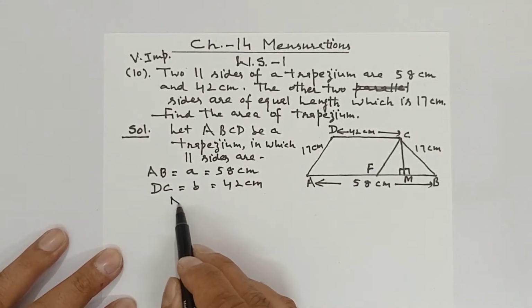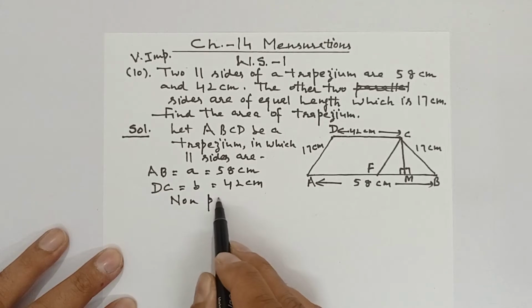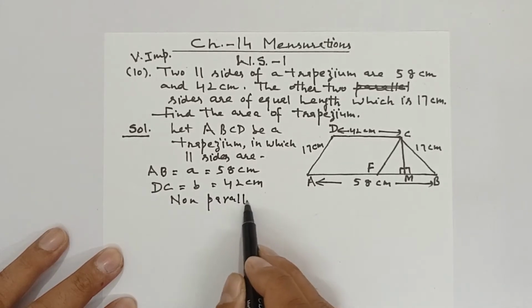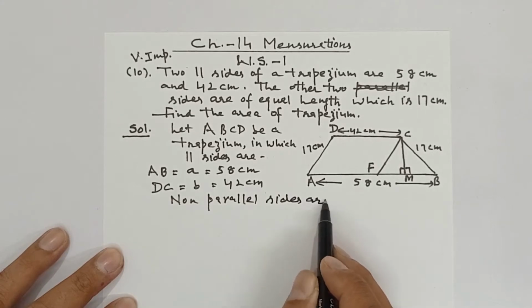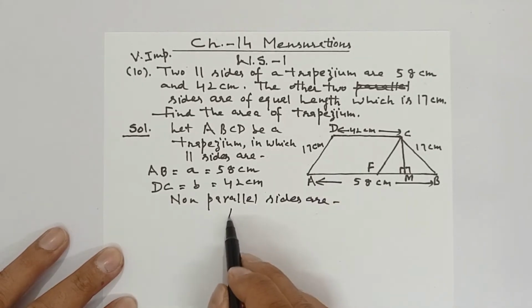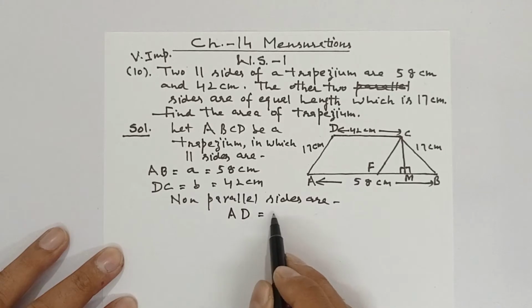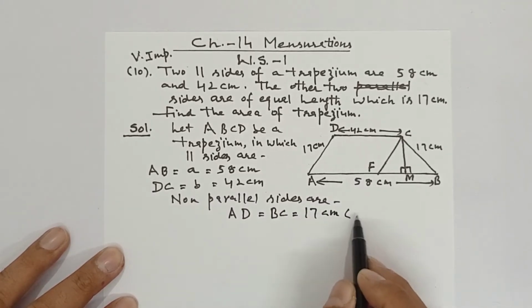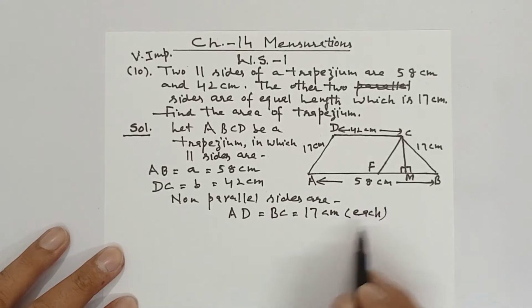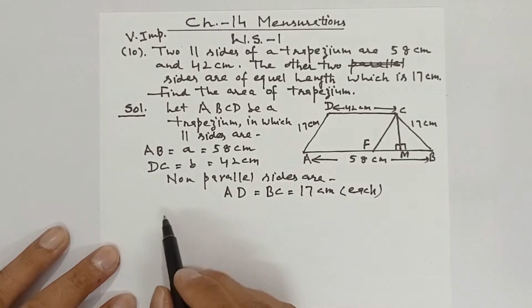Then the non-parallel sides are, because AB and DC were parallel, AD and BC, and both are 17 centimeter. So 17 centimeter each.